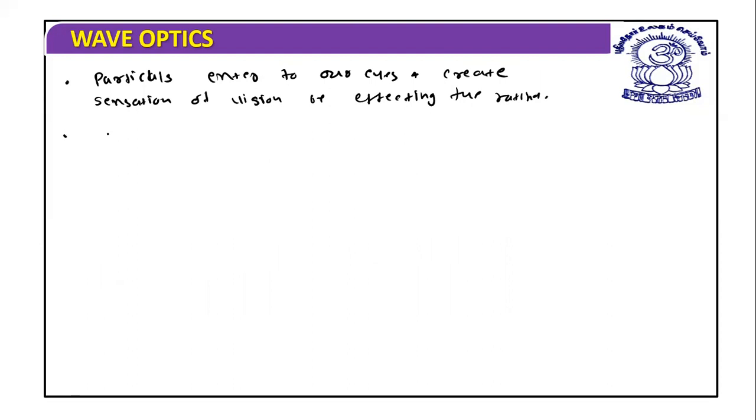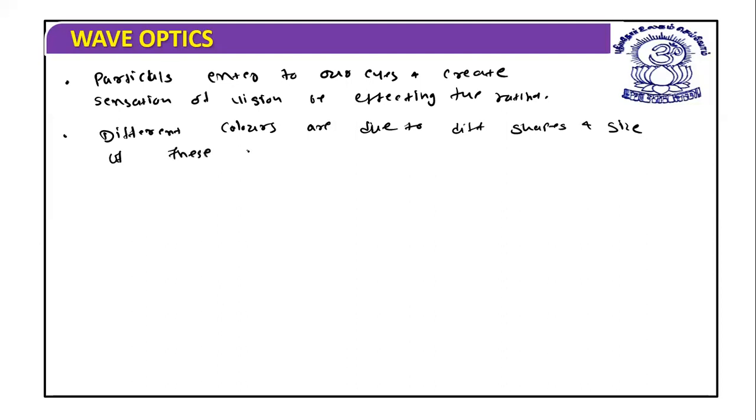According to Newton, different colors that we see are due to different shapes and size of these particles.